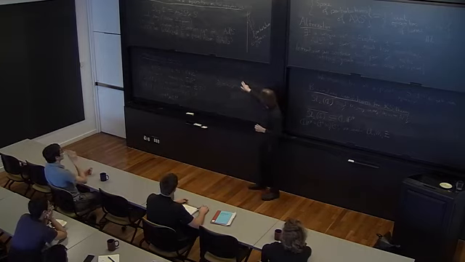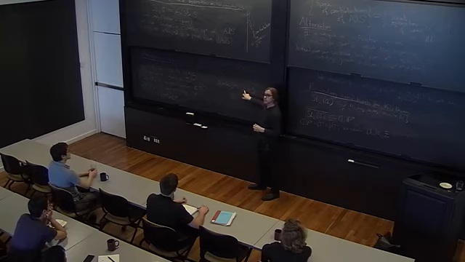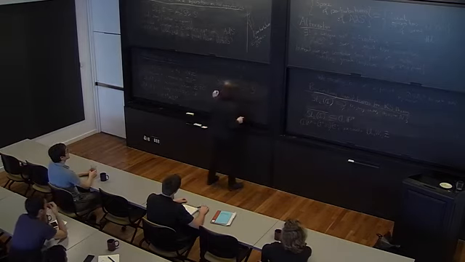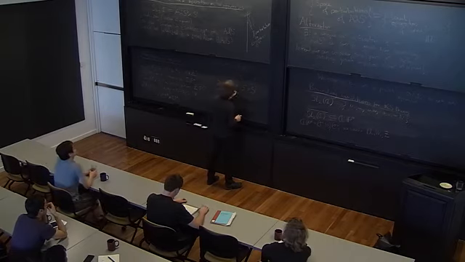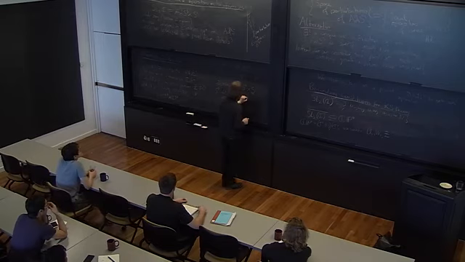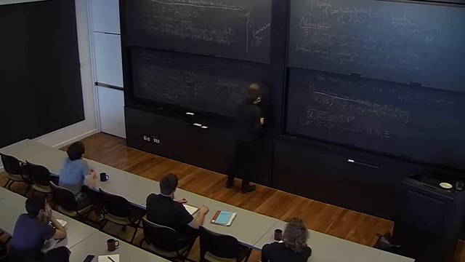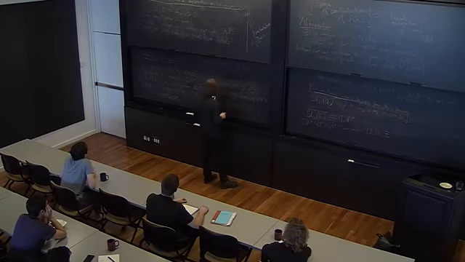So what's happening is one of these CP1s is this two-sphere, and this guy is the Hopf fibration over this one. So the S2 at the boundary of H3 is one of the CP1s. And the S3 is the Hopf fibration.